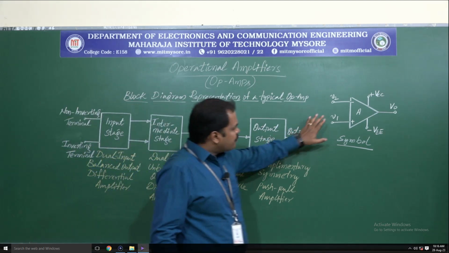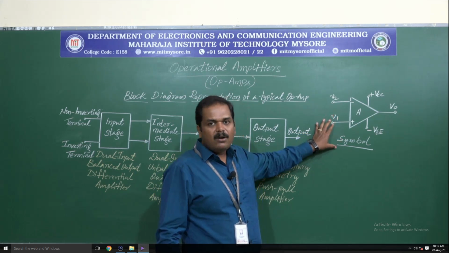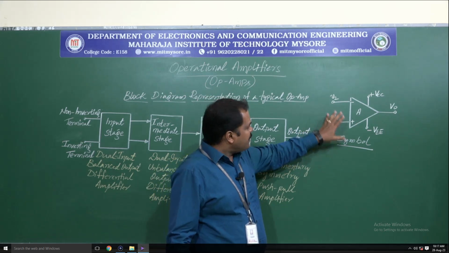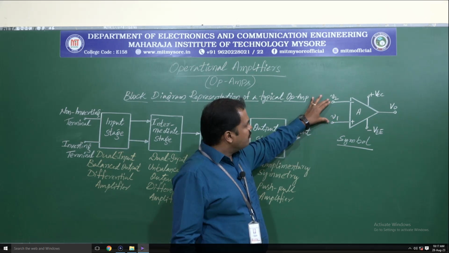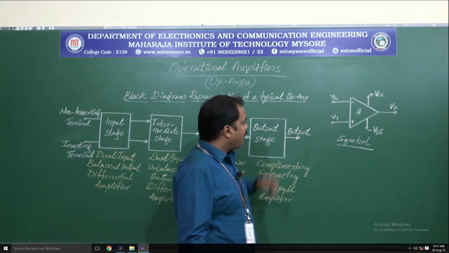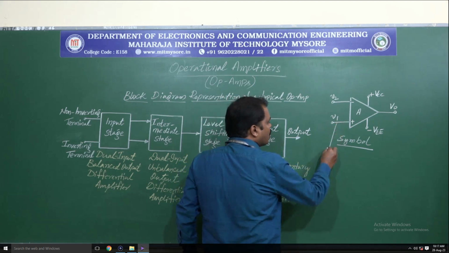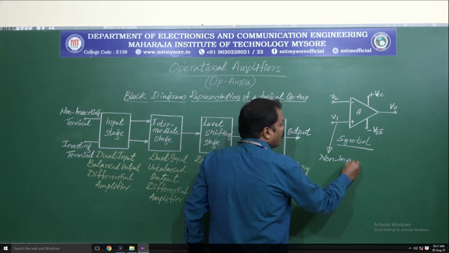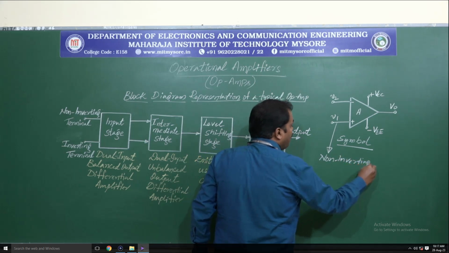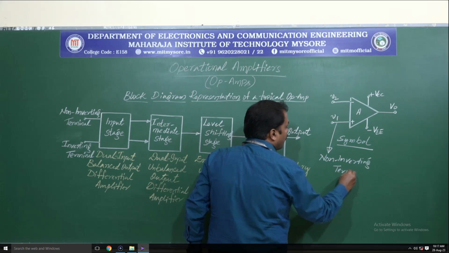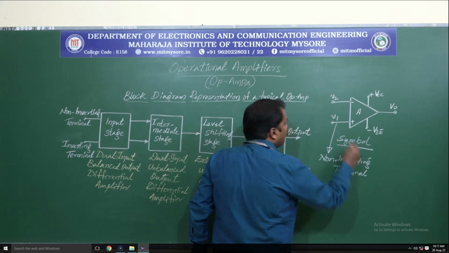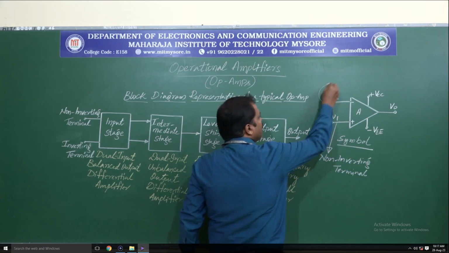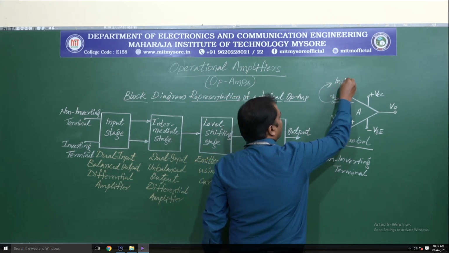Now this figure shows us the symbol of an op-amp. As we can see here, we have two input terminals, V1 and V2, where V1 is called the non-inverting terminal, and V2 is called the inverting terminal.